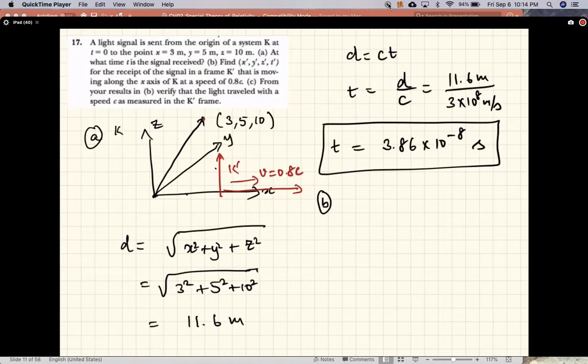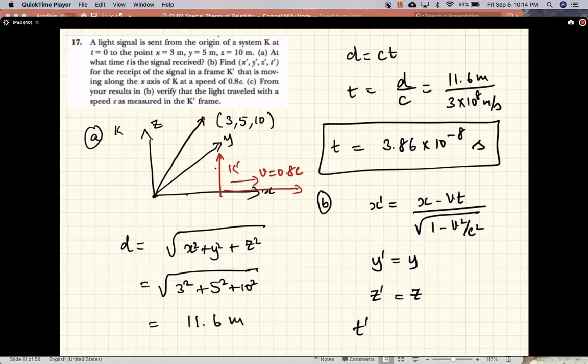So the Lorentz transformation are given by x prime equal to x minus vt divided by the square root of 1 minus v squared by c squared. y prime is y, z prime is z, and t prime is t minus vx over c squared, divided by the square root of 1 minus v squared by c squared.